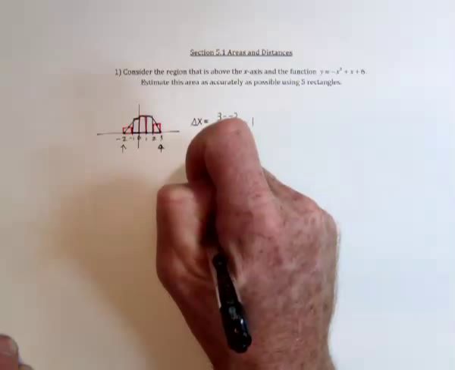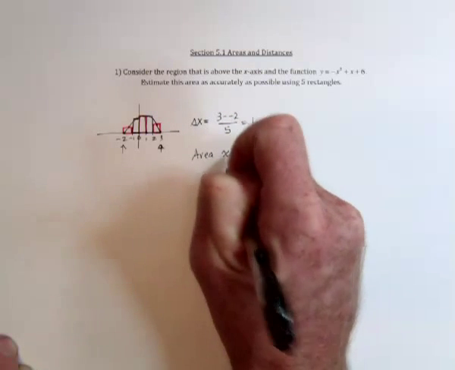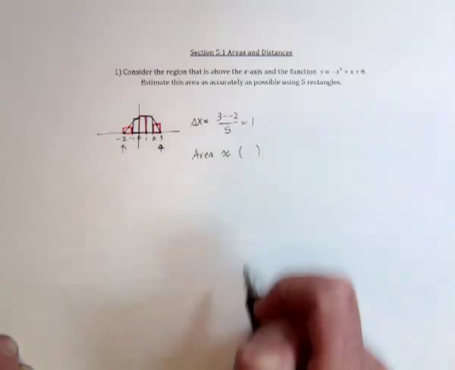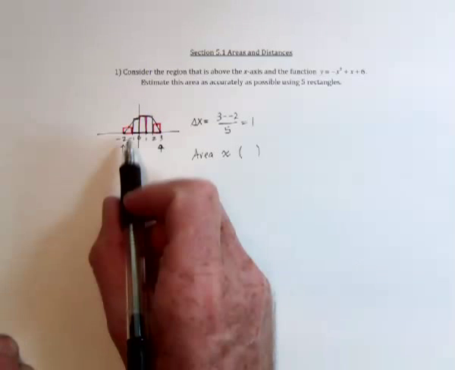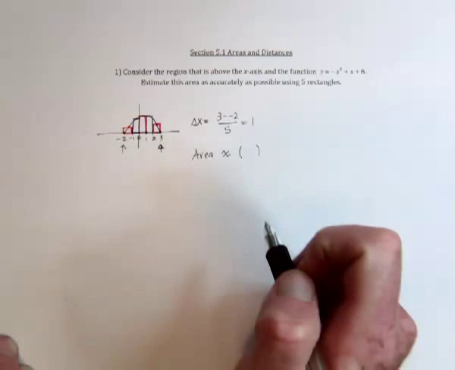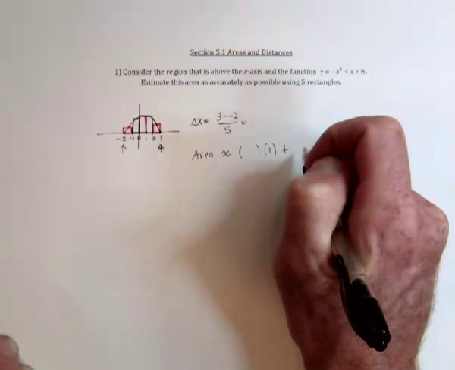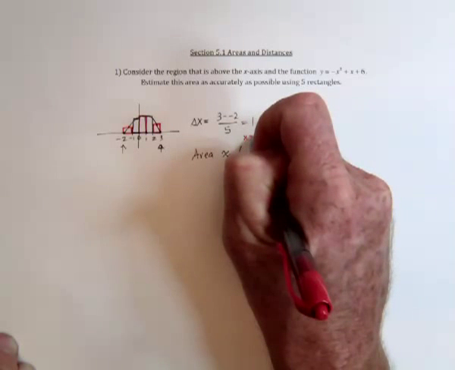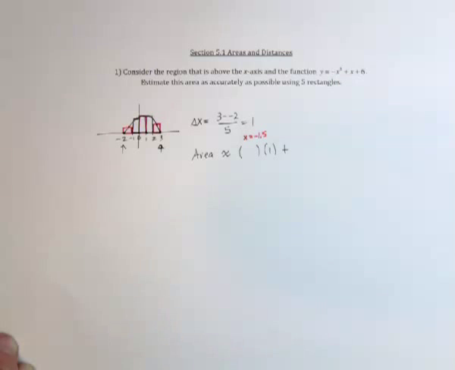So we'd have the area is approximately, so substitute -1.5 into the function, and then times 1 plus, so this one is going to be for when x equals -1.5, and then substitute that into the function.